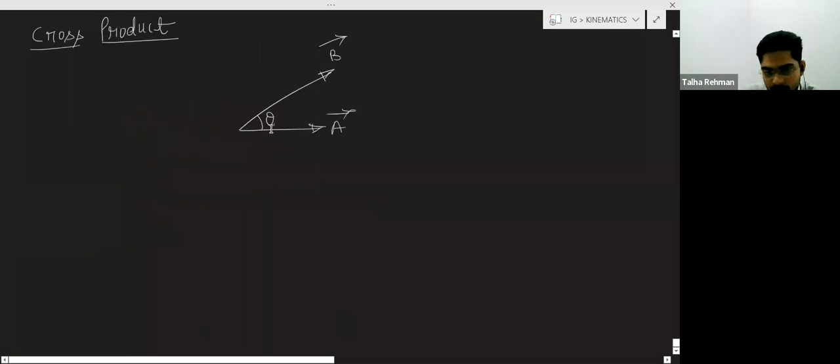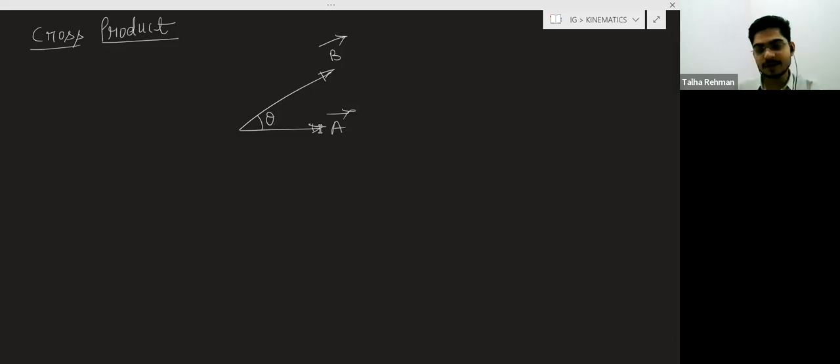Shafruddin, what is the length of this arrow indicating? The magnitude, very good. Magnitude of what? This arrow I am talking about. Just listen.